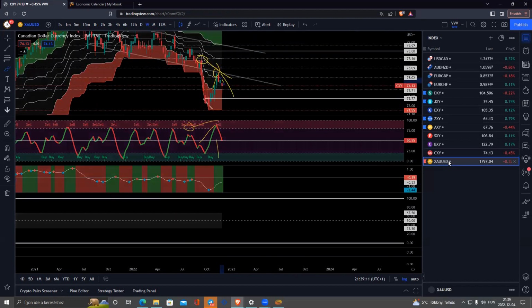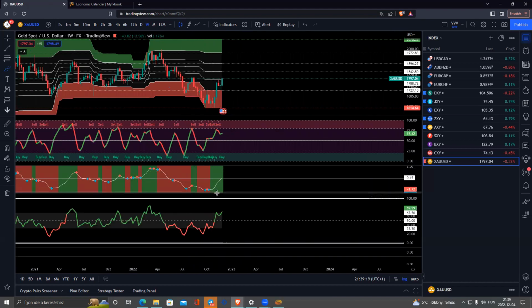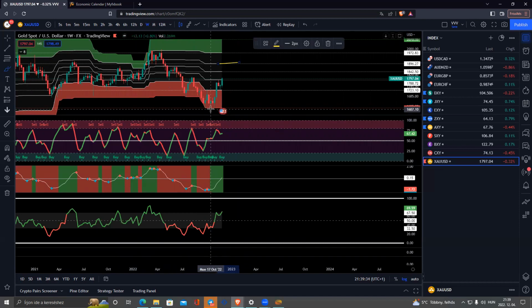And let's see the XAU USD. As you see on the VV Plus, we're heading above the zero line. There was here a divergence. I want to meet this point actually on weekly basis. The first zone is here.